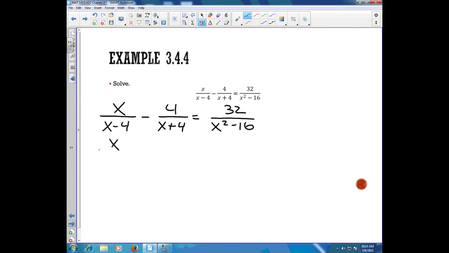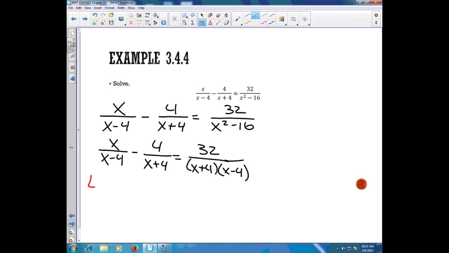And so we want to factor that one. That's going to be x plus 4 and x minus 4. And so to determine our least common denominator, we're just going to use one of each of the factors. So x minus 4 and x plus 4. And then we're going to multiply every term by that.